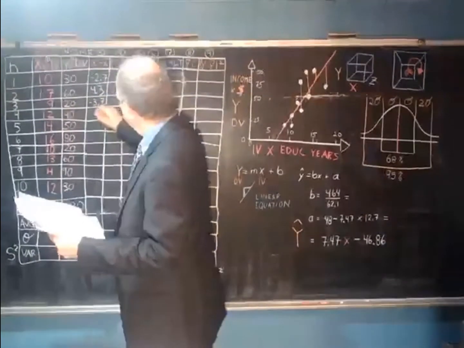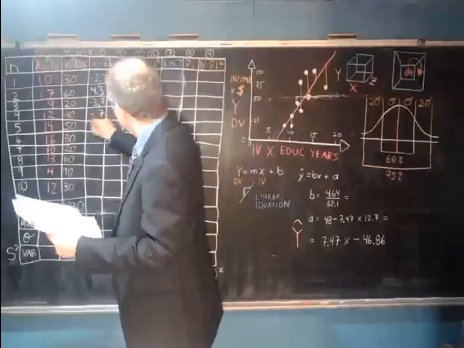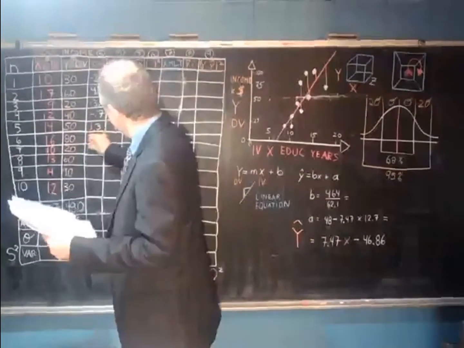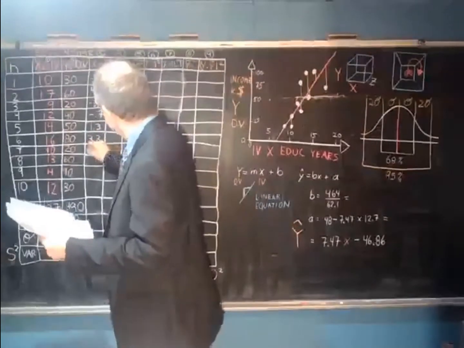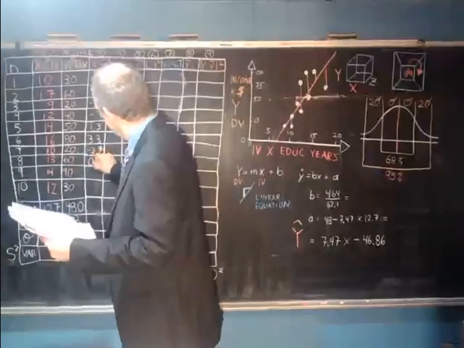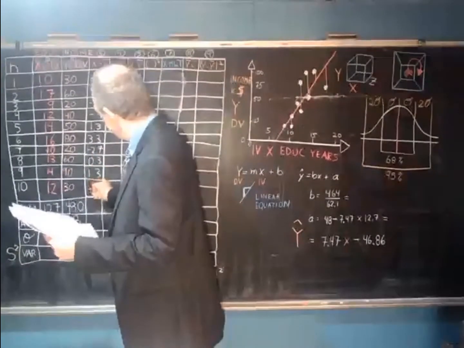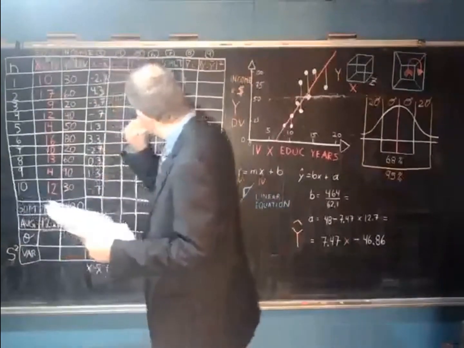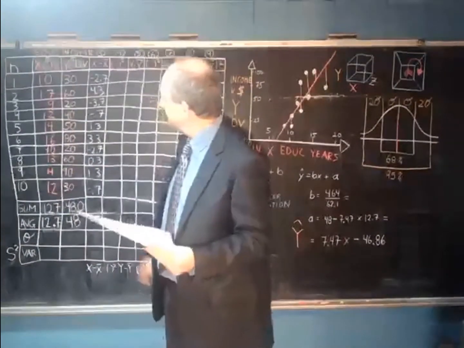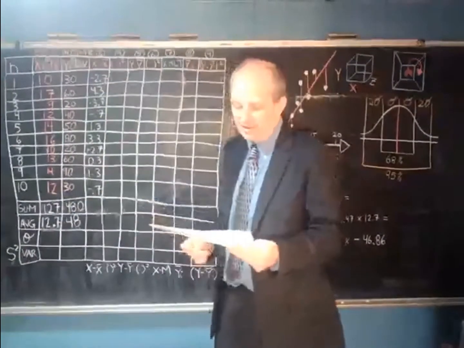And then minus 0.7 for observation 4, and then 1.3, 3.3, minus 2.7, 0.3, 1.3, and minus 0.7. Right? So we've calculated all of these. We've subtracted from the original independent variable its mean, and we've written the results down here.